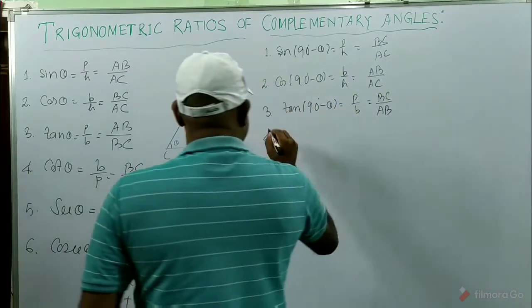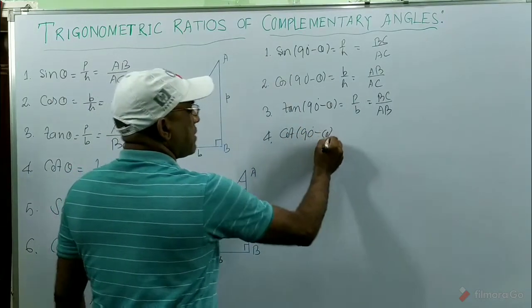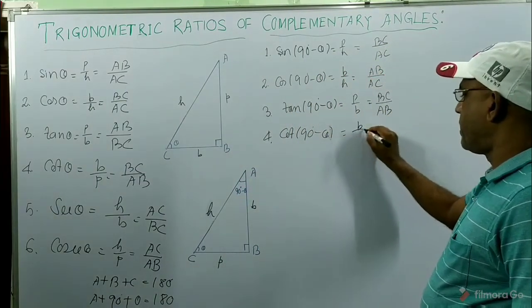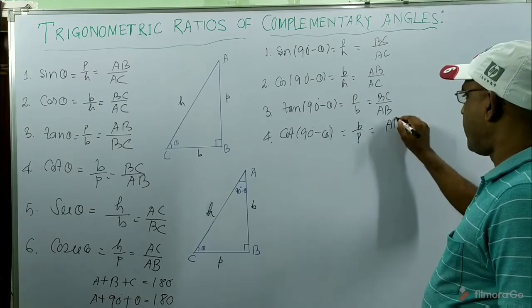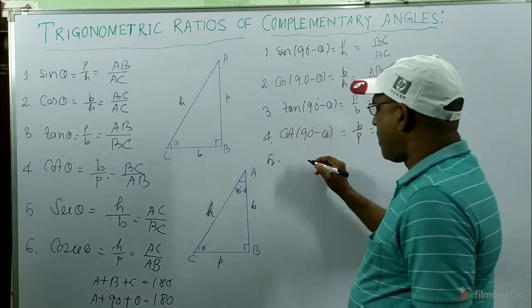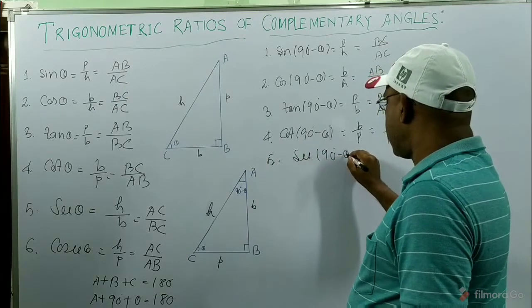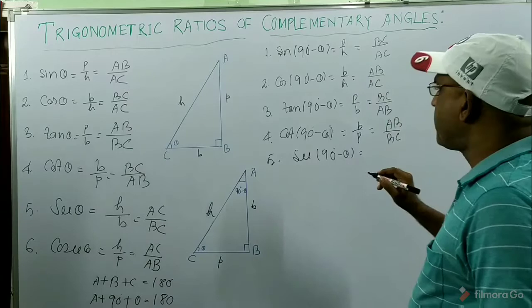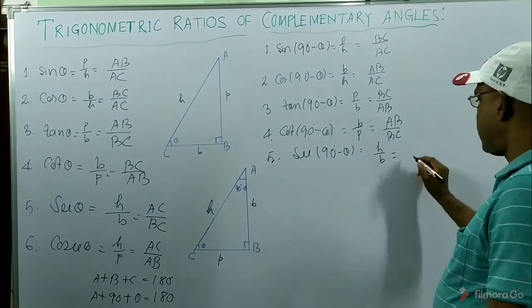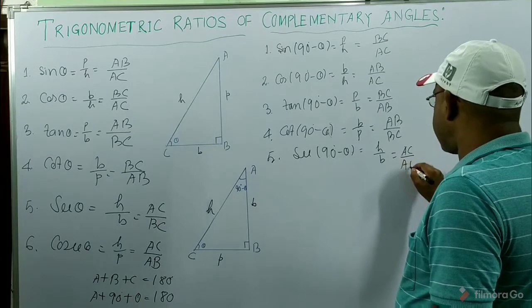Number 4, cot 90 degrees minus theta is B by P, which is AB by BC. Number 5, sec 90 degrees minus theta is H by B, so AC by AB.